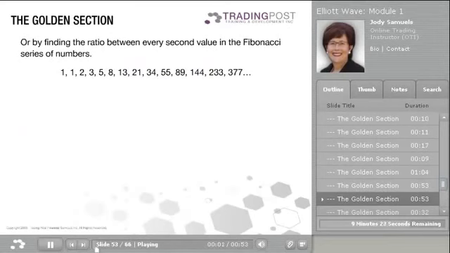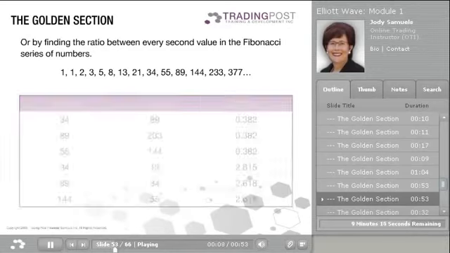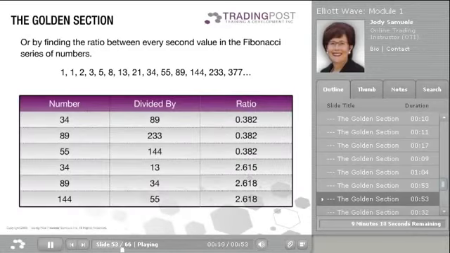Now take the ratio of alternate numbers going forwards and backwards. The ratios of alternate numbers going forwards approach 0.382, or its inverse 2.618. For example, 144 divided by 55 equals 2.618, and 55 divided by 144 equals 0.382.